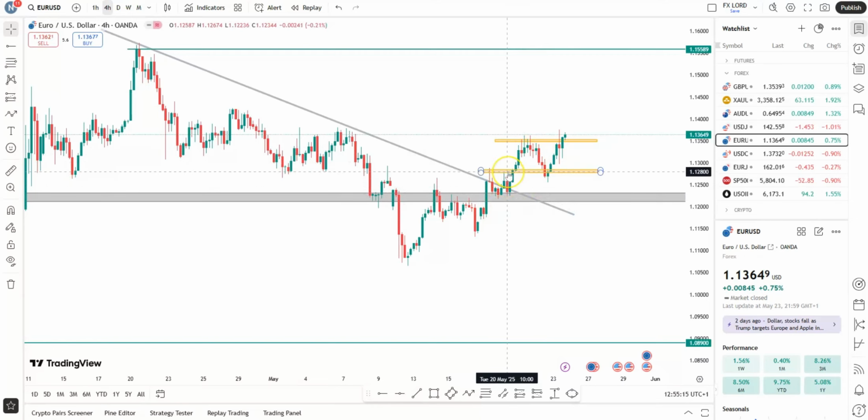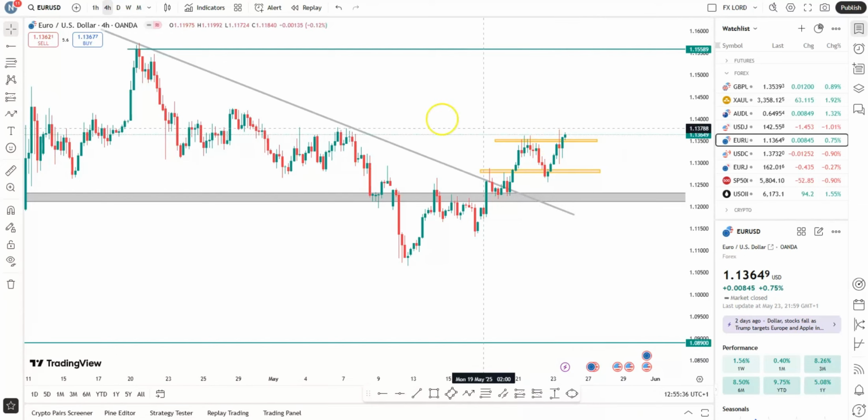So we have a high here, we have a higher high, right? We have a high, a higher high, and price is swinging down. We have a higher low, and now we are having another higher high, but this high is still at the same high as this one.